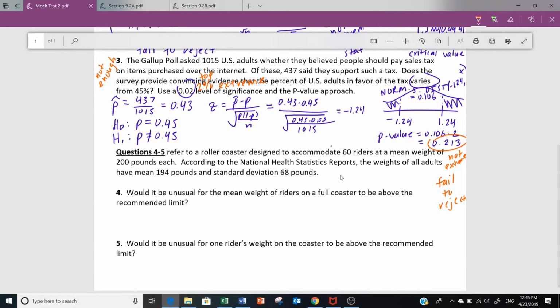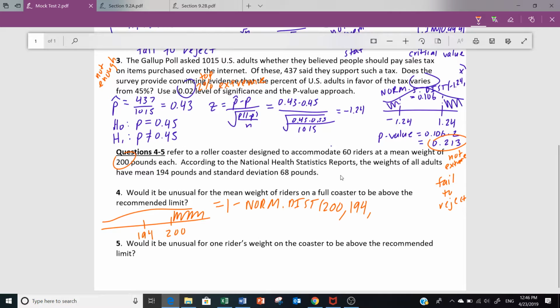Okay, would it be unusual for the mean weight of writers to be above the recommended limit? What's the recommended limit? 200, so we have 200 here, and the mean is 194. So above means above, so we want the right area, so it's 1 minus norm.dist of 200, and you put the mean in, comma, 194.